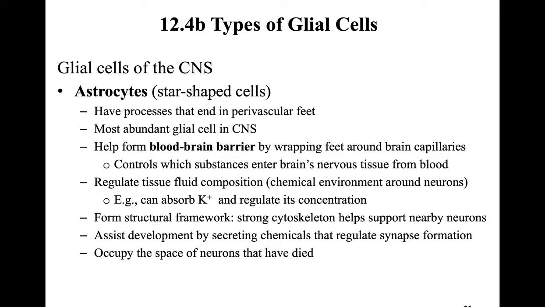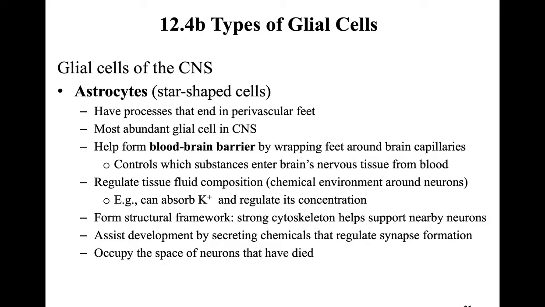The first type of neuroglia that we're going to look at is astrocytes. Astrocytes, by its root there, astro, is star-shaped. The main purpose of astrocytes is to act as part of a blood vessel in the brain. So it acts as part of the blood vessels of the brain.